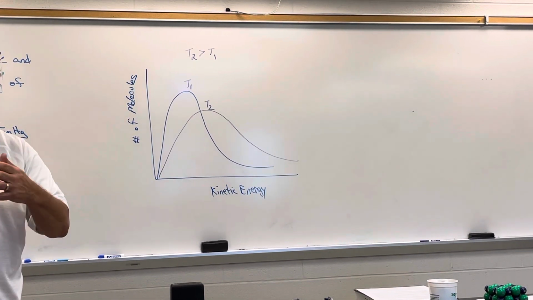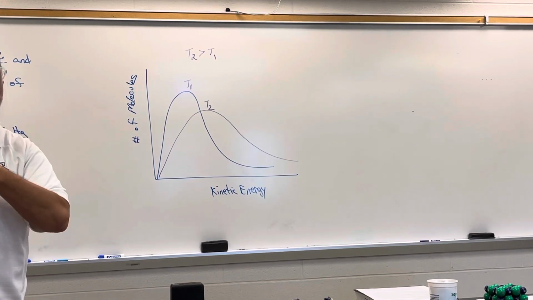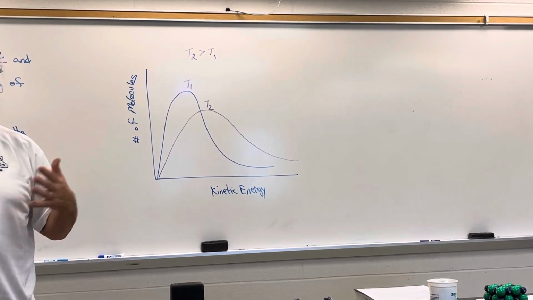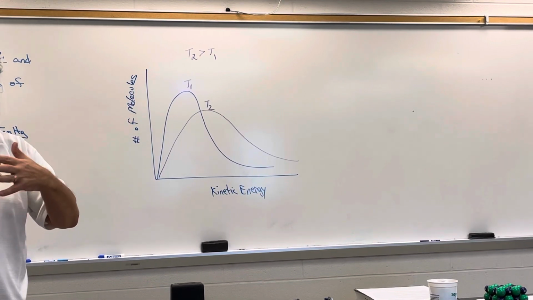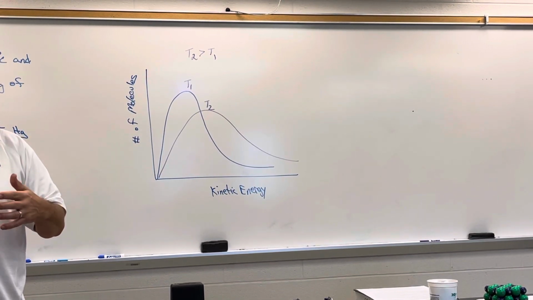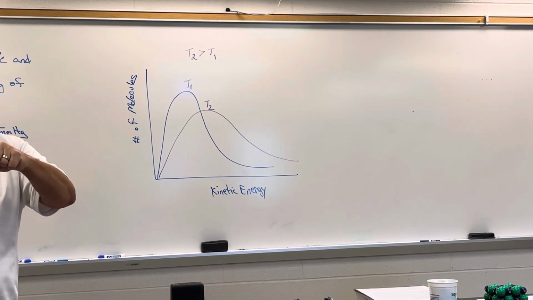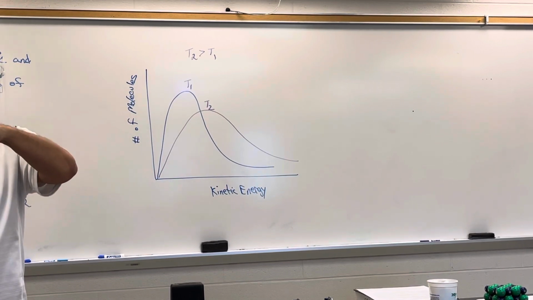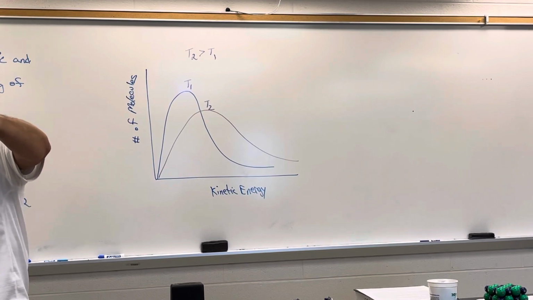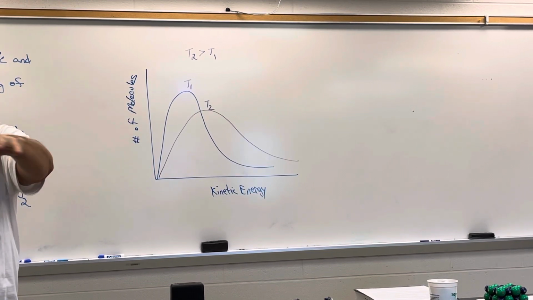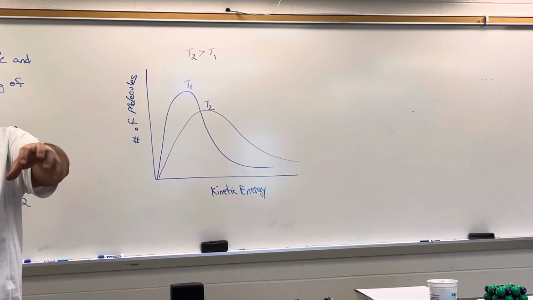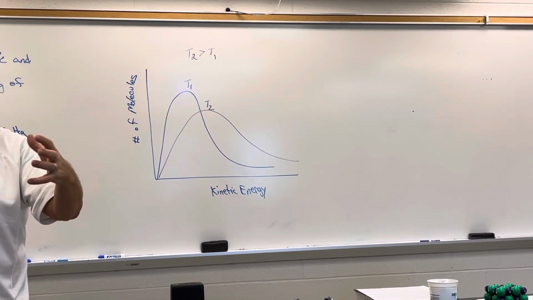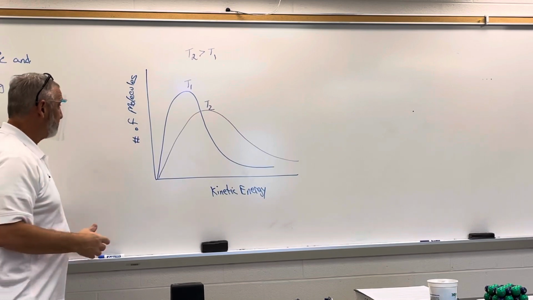When they bump into one another, one speeds up, the other slows down, constantly colliding. But the kinetic molecular theory says that those collisions are perfectly elastic. No energy is lost. So one's going 5 miles an hour, one's going 20. They collide. One now might be going 15 and the other 10. But it's still going to add up to 25. You're not losing any energy. So they're constantly bumping, one speeding up, one slowing down.